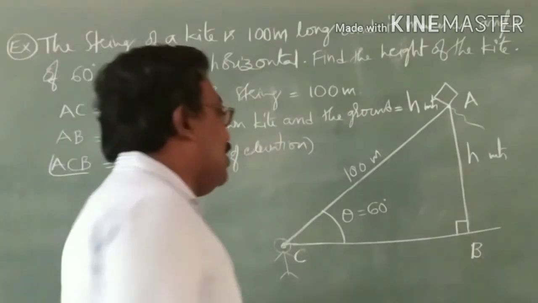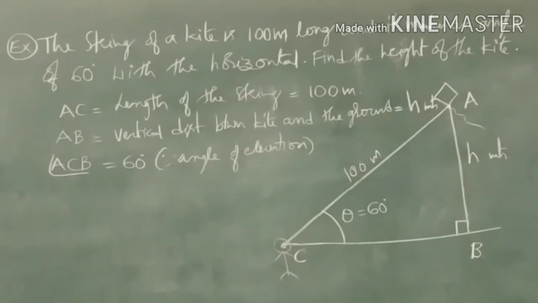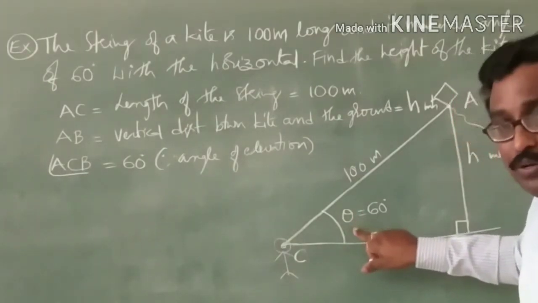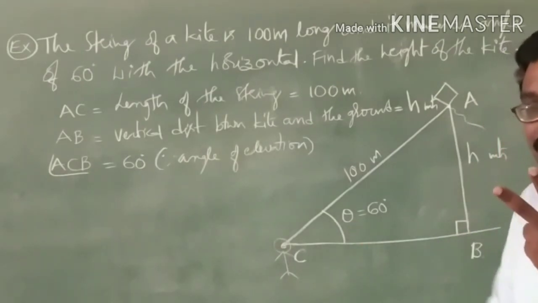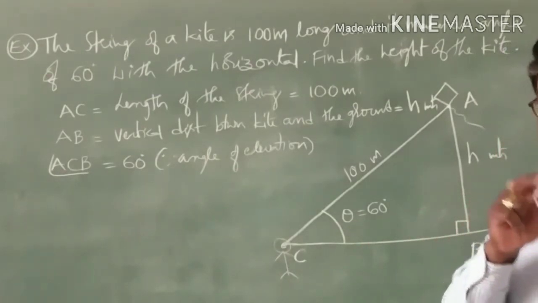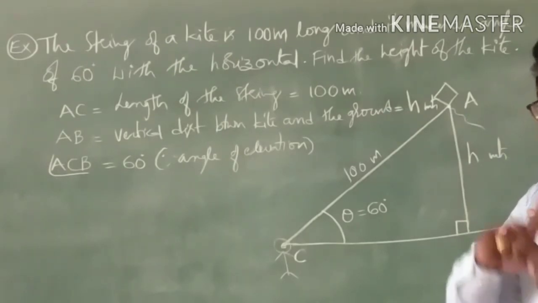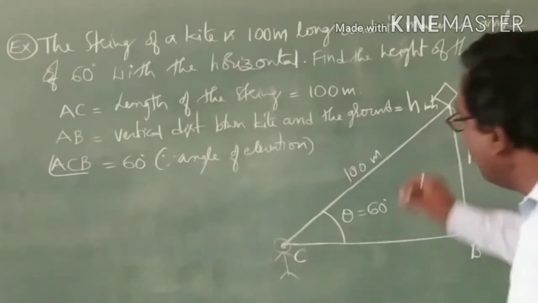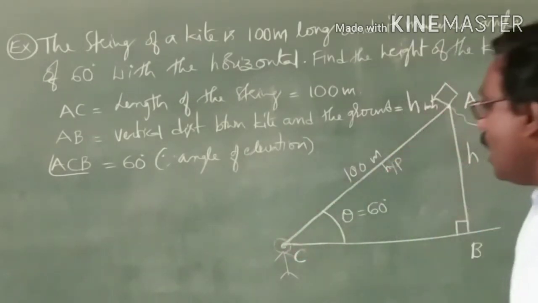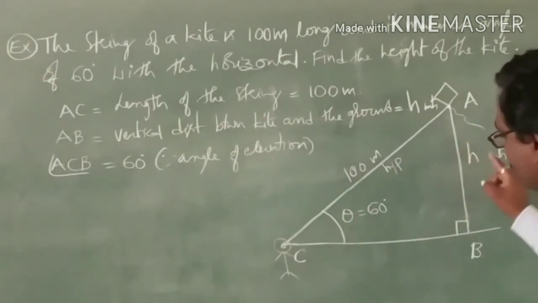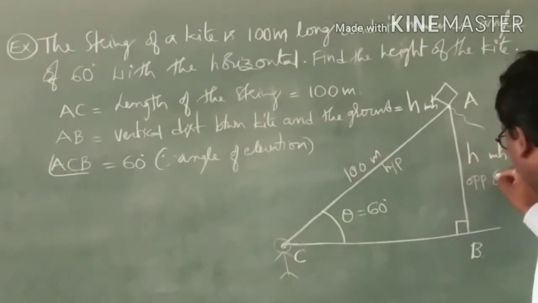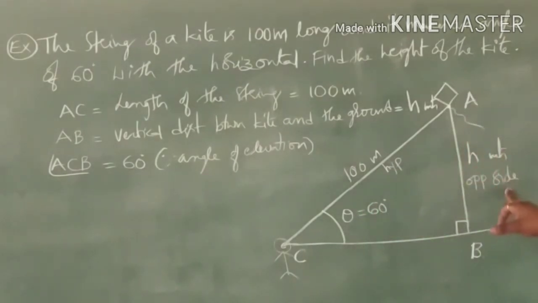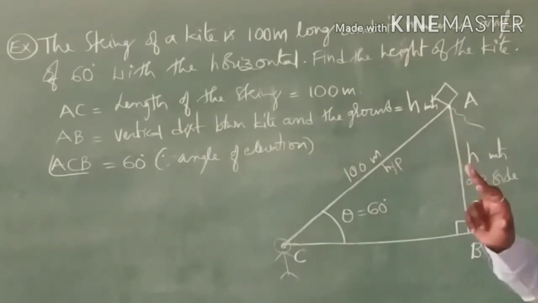Now, apply the trigonometric ratio in the diagram. With respect to theta, there will always be 2 points: what is given and what we need to find. With respect to theta, this is the hypotenuse, and this is the opposite side.